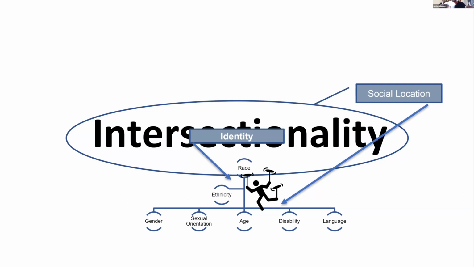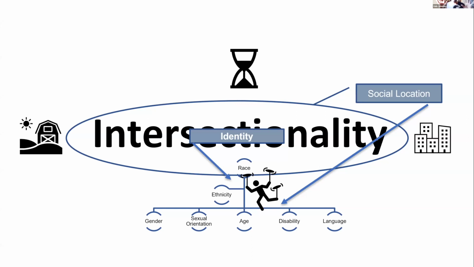So there's a balance, right, to how you understand yourself and how you're situated in the midst of all of these social locations. Then you have a city on one side, you have probably a rural setting on the other. That suggests that perhaps you might think about these identifiers such as race, ethnicity, sexual orientation, and age differently according to where you are physically located. So now you have your identity, you have your social location, and you have your physical location.